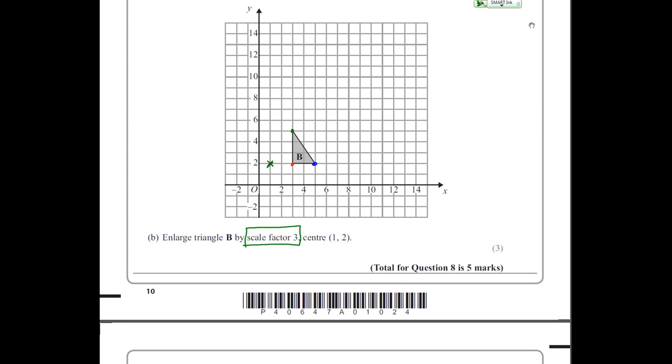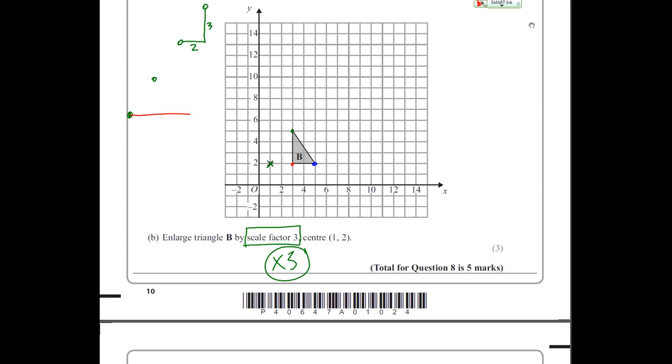If we do the first point first, the green point, from the centre to the point it goes 2 across, 3 up. To get the new point, we have to times each of those by 3. So instead of going 2 across and 3 up, we're going to do it 3 times: 2 across 3 up, 2 across 3 up, 2 across 3 up.